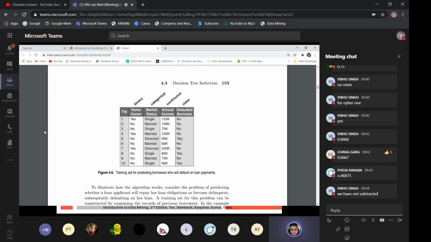There are two values, yes and no. Now you have to make a decision tree out of homeowner, marital status and annual income. Compute using the Gini index which one you are going to pick. Give me the first split and why, and give me the Gini index of everything. Now you will be able to understand better. Please try it. Whenever you get stuck, please ask me.